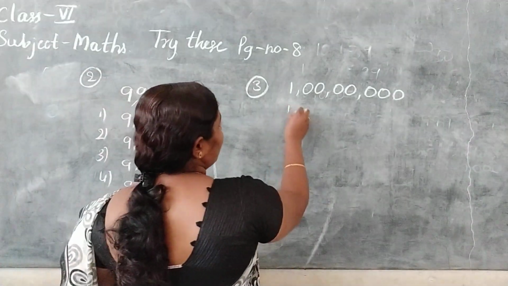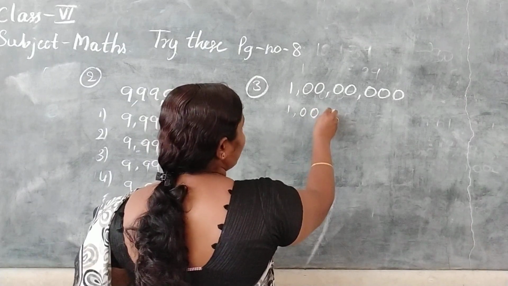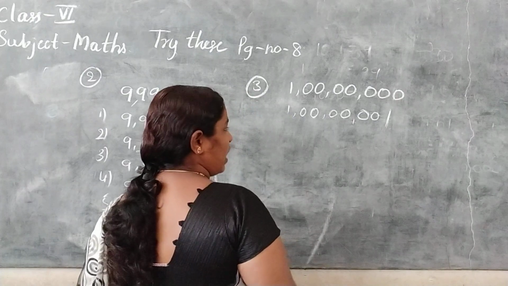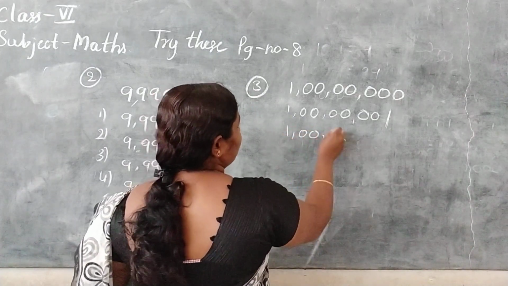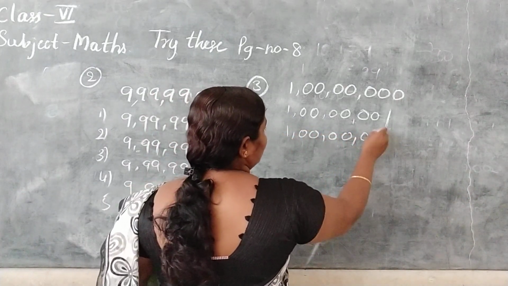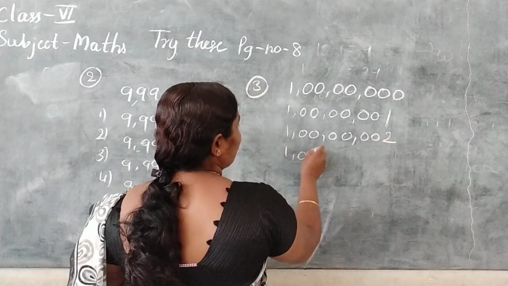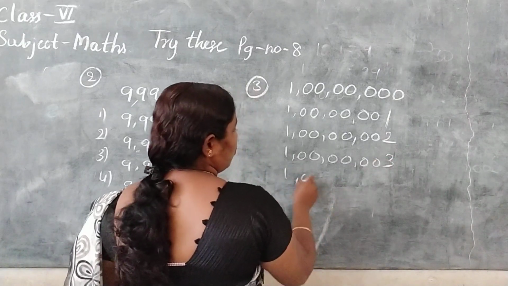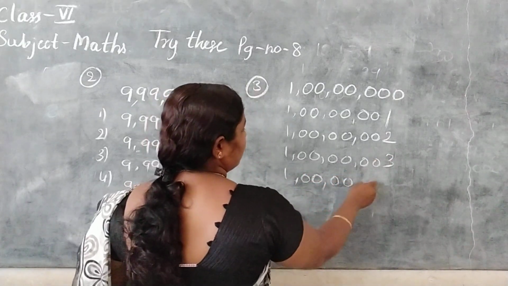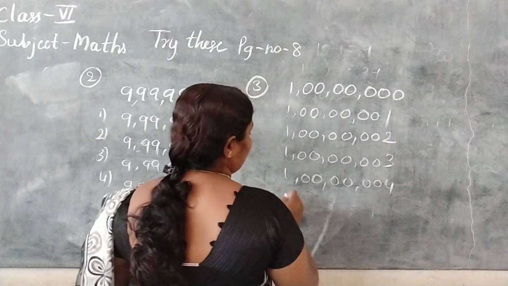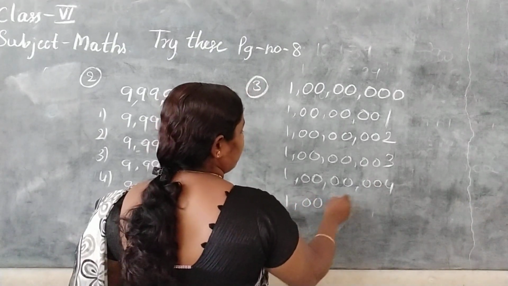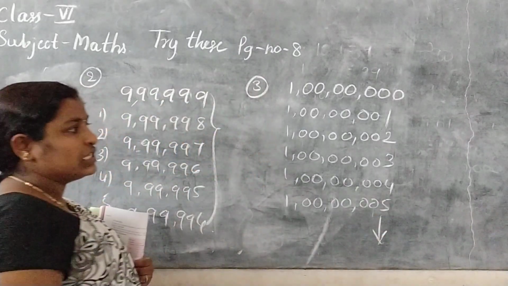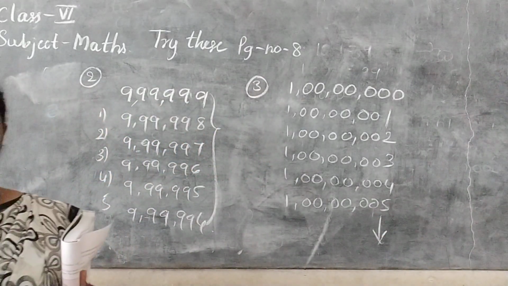So after this, what will be there? 1 crore, 1 crore 1, 1 crore 2, 1 crore 3, 1 crore 4, 1 crore 5, and so on. This is ascending order.